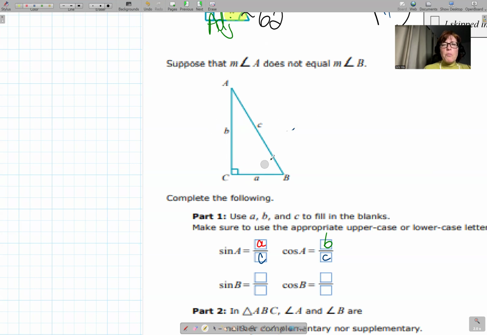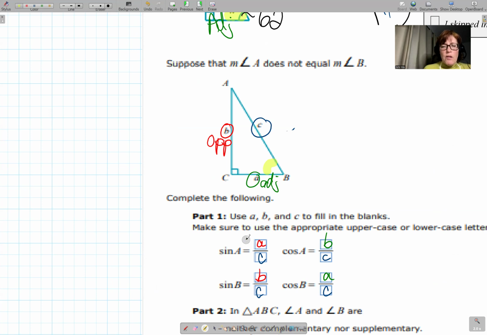Now we're going to work with B. The sine of B, our opposite, is now the letter B, and our hypotenuse is still C. And the cosine of B, our adjacent, is now the letter A over C. Okay, take a very close look here.